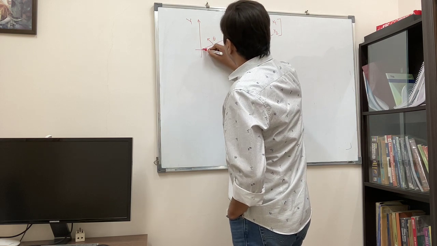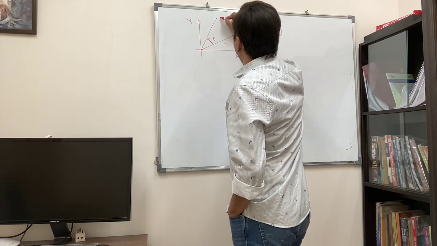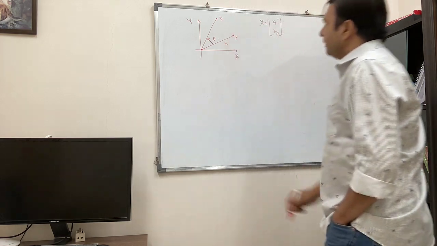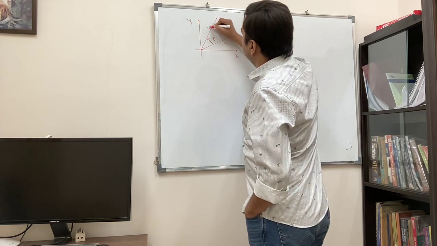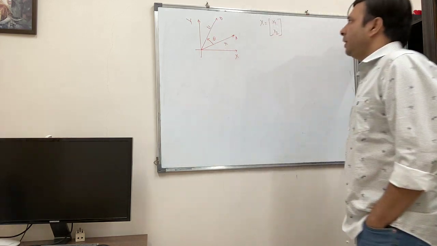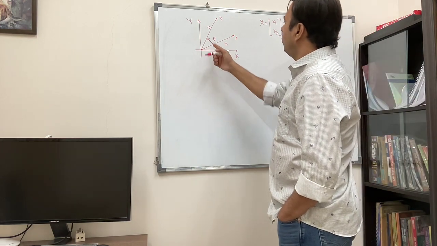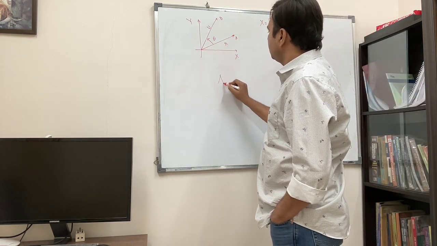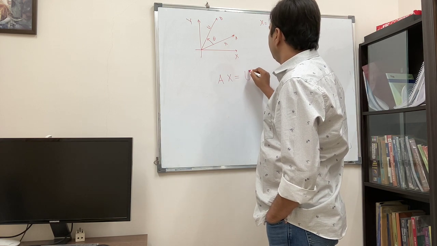So if I rotate this vector by an angle theta, I will reach somewhere here. This was point A, I will reach B, and this new rotated vector is, let's say, vector u, right? So I just want to find what is that matrix A when multiplied by x gives me u.